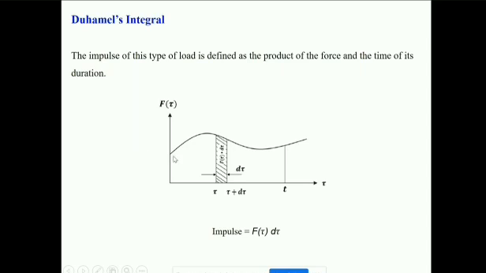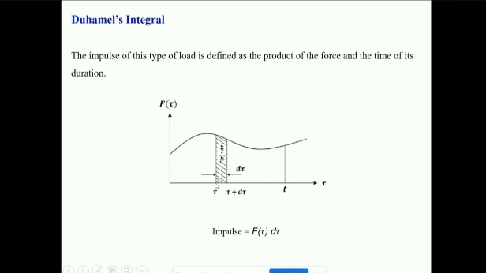Here there is a general curve which is a function of tau, and the force varies as a function of tau and is given by f(tau). Now, consider that at any value of tau there is a small increment, from tau to tau plus d tau.